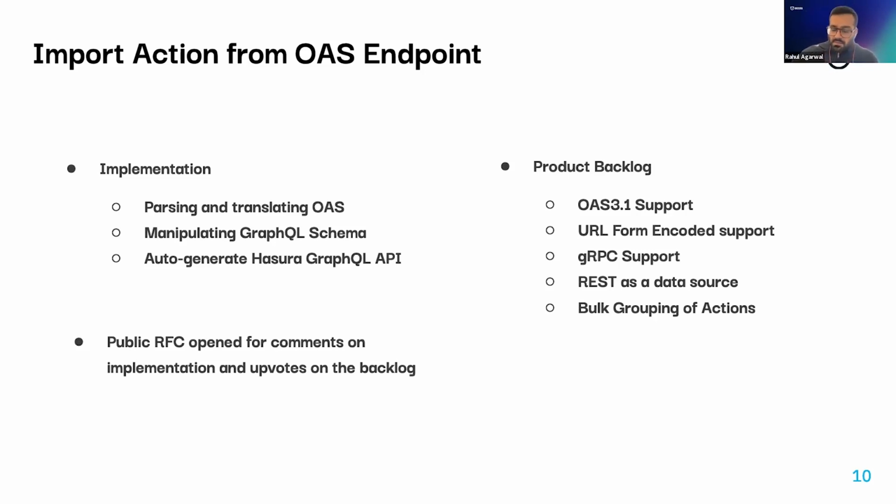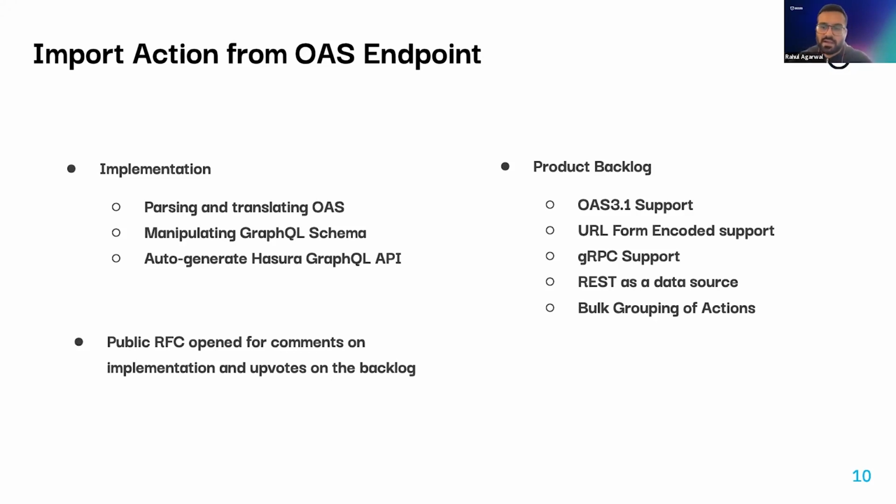REST as a data source. Right now you're importing REST APIs via action, which will not give you the ability to introspect a REST API source. So this feature request is about adding REST as a data source, just like you can do GraphQL remote schema right now. And then bulk grouping of actions. If you have 5 APIs with, let's say, 30 endpoints each, you are looking at around 150 actions.